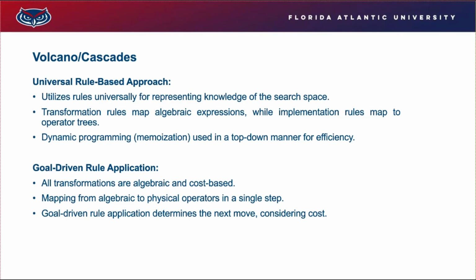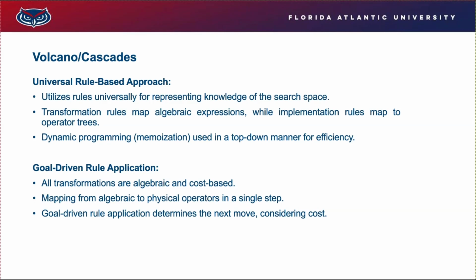In Volcano and Cascades, it uses two ideas: a universal rule-based approach and goal-driven rule application. Volcano and Cascades architectures utilize rules universally to represent knowledge of the search space. Transformation rules may map algebraic expressions, while implementation rules map expressions to operator trees.